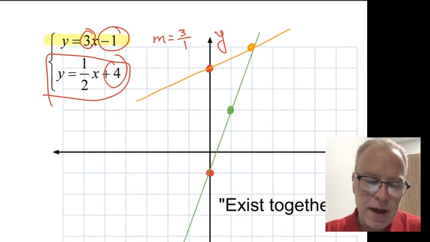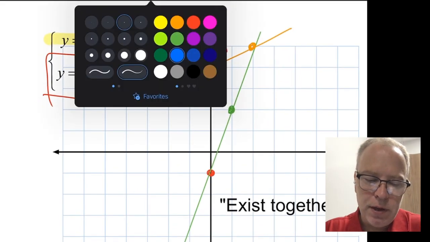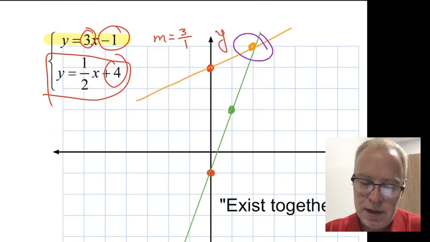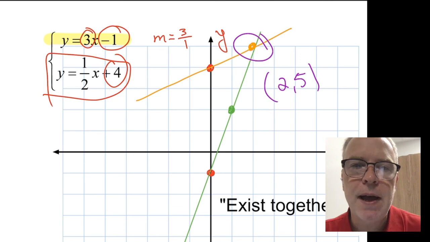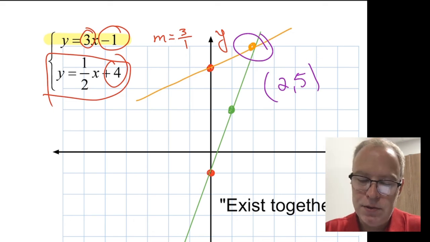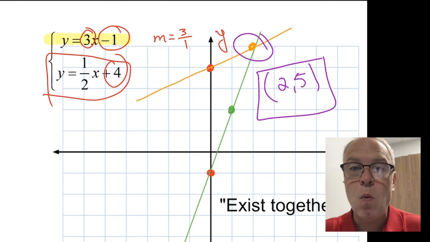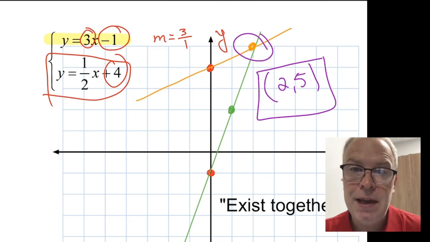When we practice graphing y equals mx plus b and we did 2 lines, I want you to notice that the answer to this was 2 comma 5. And we can plug and chug that in and actually check. The answer to the system is 2 comma 5. The graph was not the answer. Remember, the graph was simply a way to find the answer.